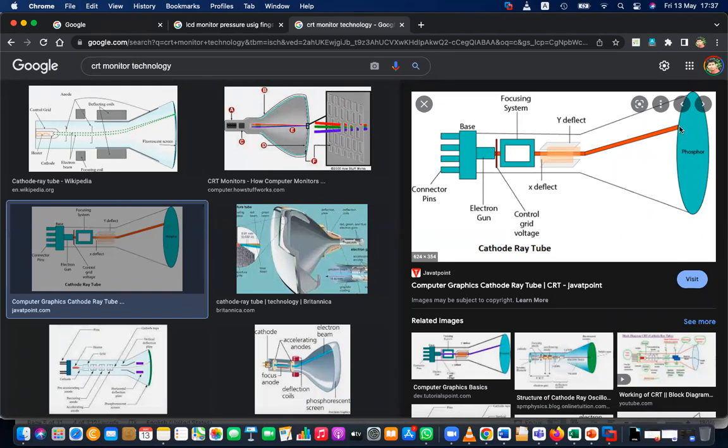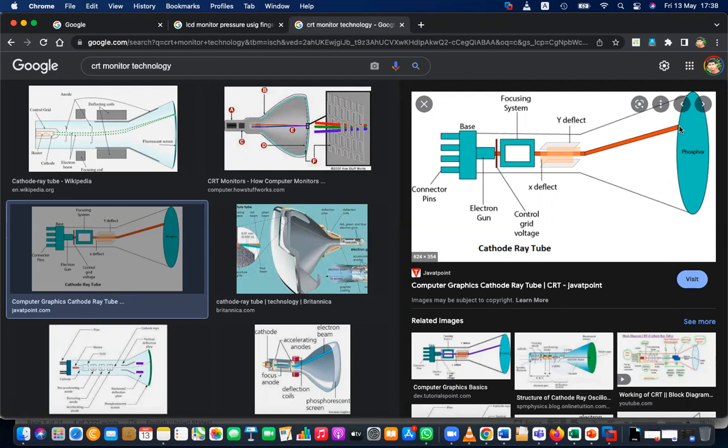In earlier days, this was only black and white. There were different levels of white, like bright white, light white, gray, dark gray, average gray. The different shades between black and white are called gray scale.